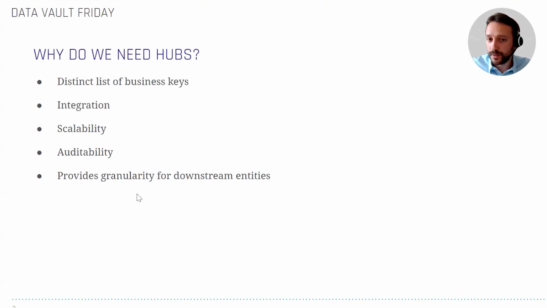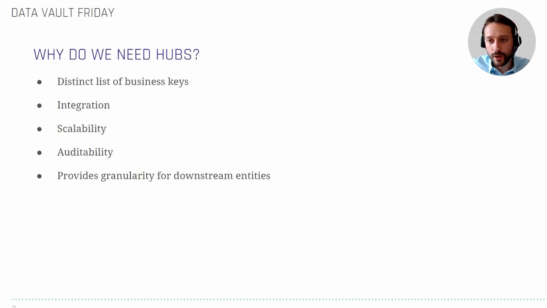And last but not least, one of the most important reasons to have a hub, in my opinion, is that a hub provides the granularity of multiple downstream objects. So think about the creation of the information mart. For a type 1 dimension, you need the granularity of the hub. And also for the type 2 dimension, the granularity is inside the PID, and the PID is built with the granularity of the hub.